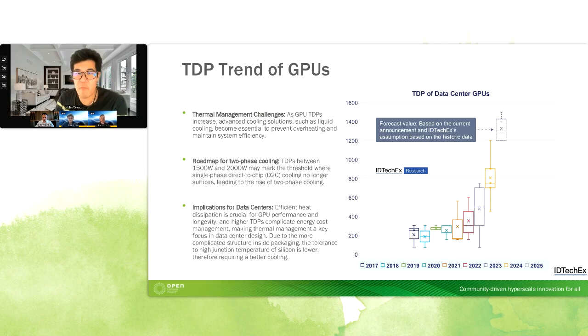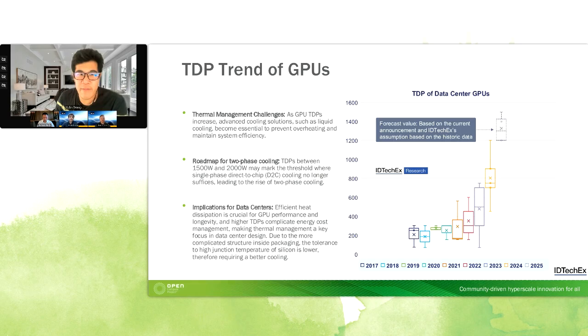The chart on the right-hand side summarizes the TDP of data center GPUs over the past 8 years, all the way from 2017 to where we are now, 2025. If you look at Nvidia's B200, and AMD's MI350, released several weeks ago, then we're looking at a TDP of 1,400 watts.